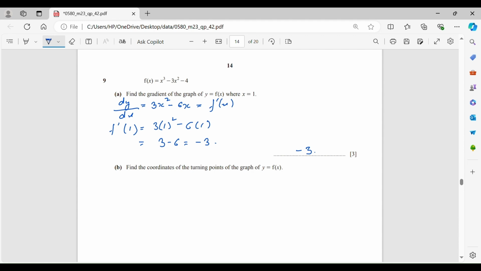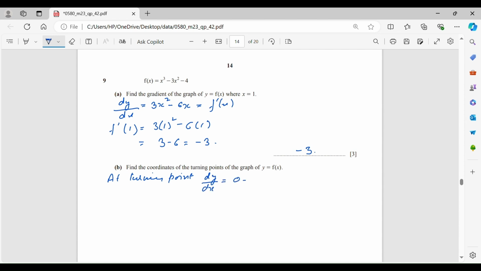Find the coordinate of the turning point of a graph y is equal to fx. At turning point, dy by dx will be equal to 0, right?